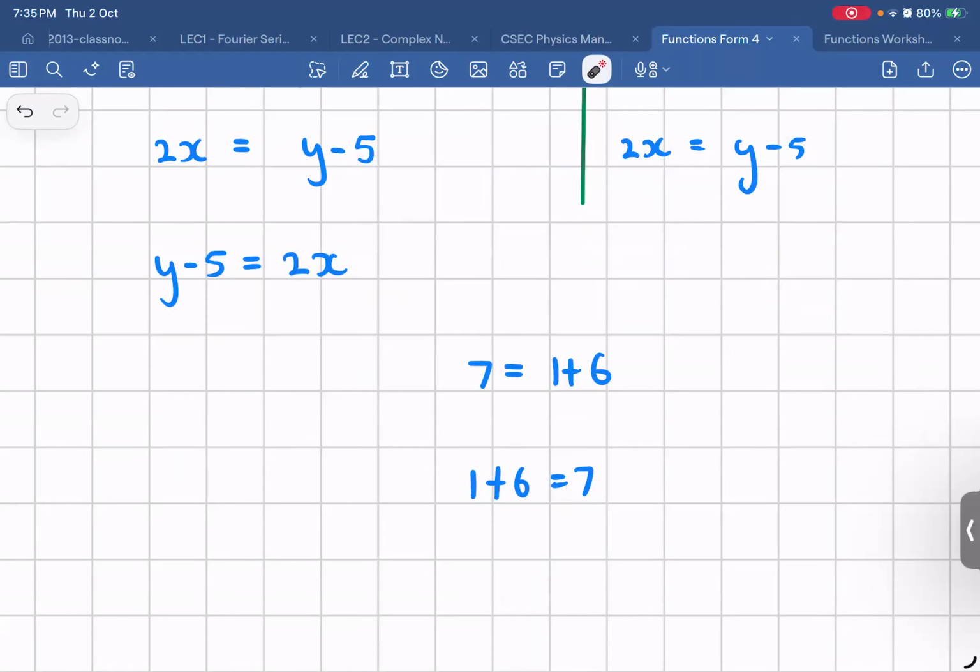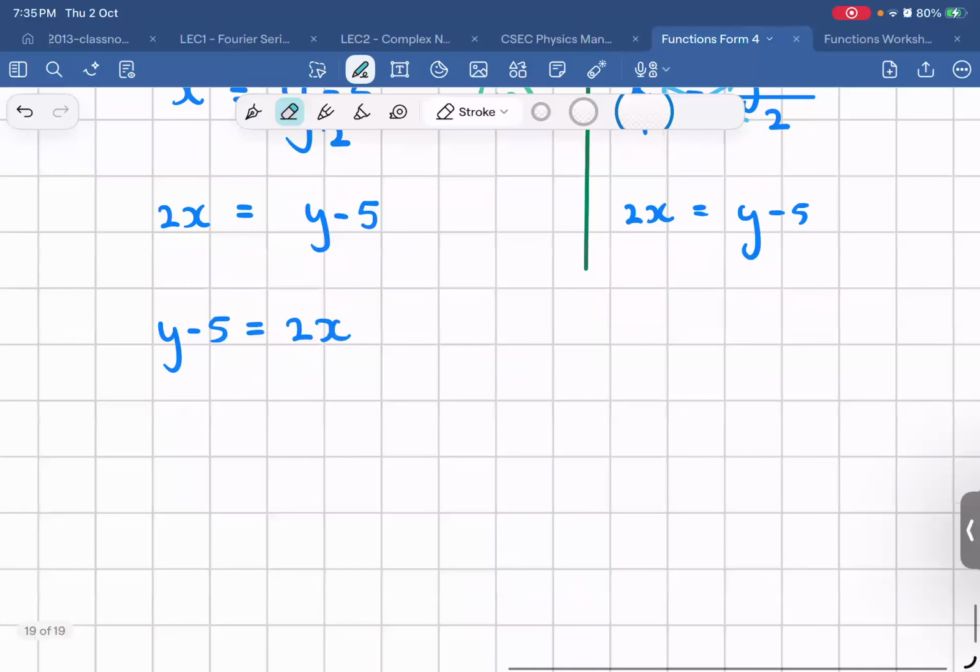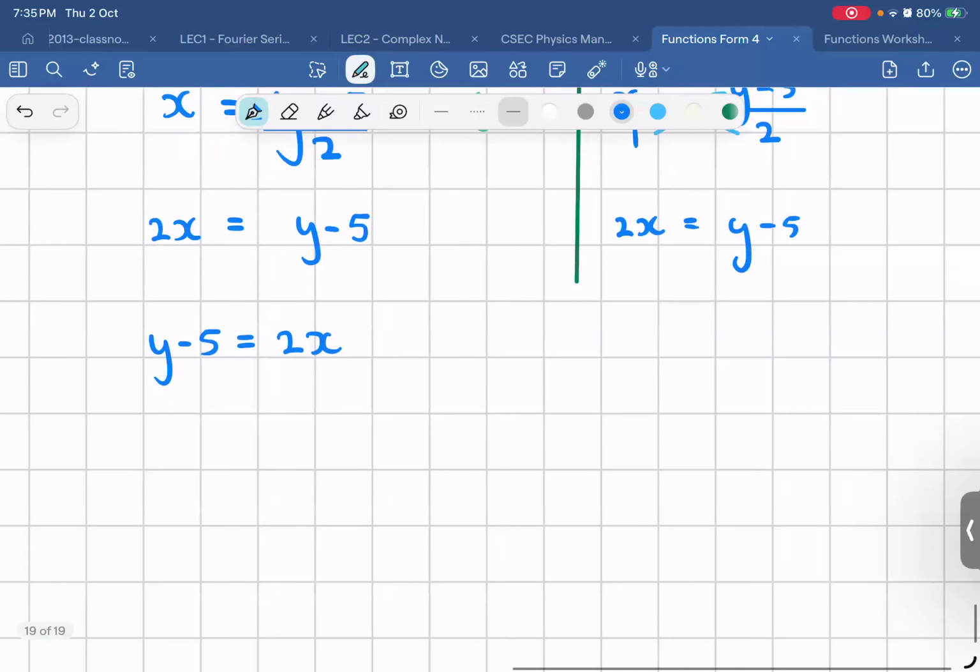So if you're moving across something, don't think of it like moving across, just flip the sides. You're just making the left-hand side the right-hand side, and the right-hand side the left-hand side. Okay, nice. So let's continue.